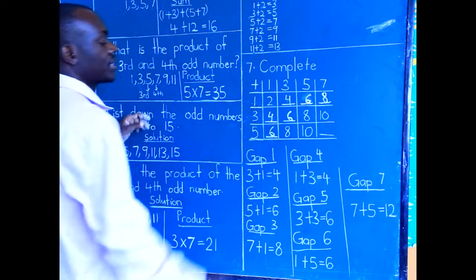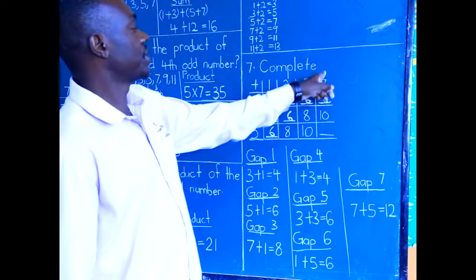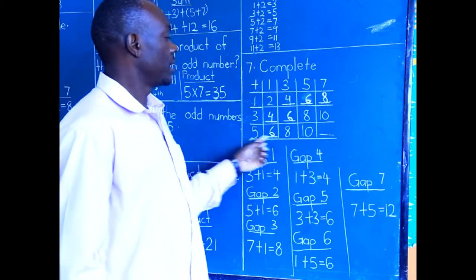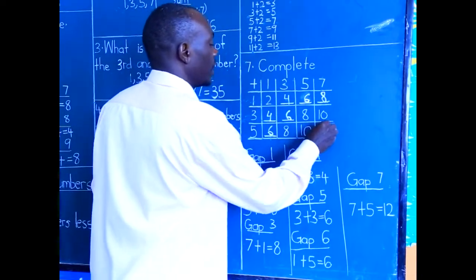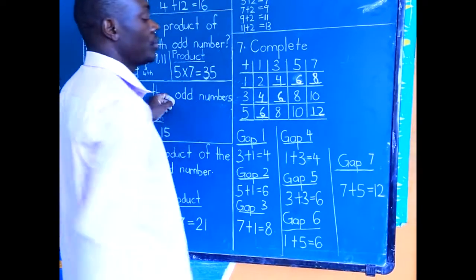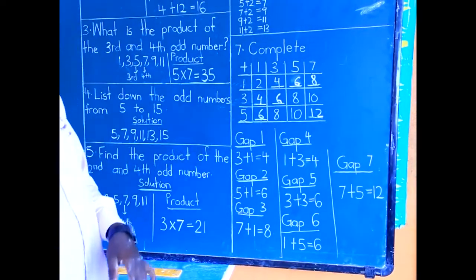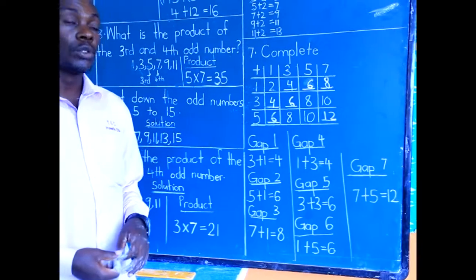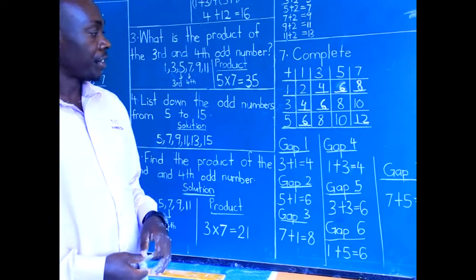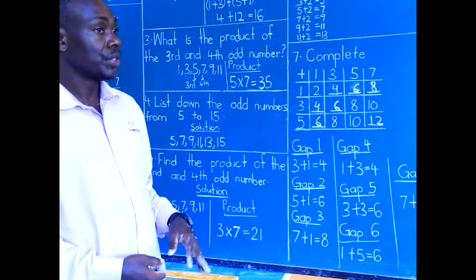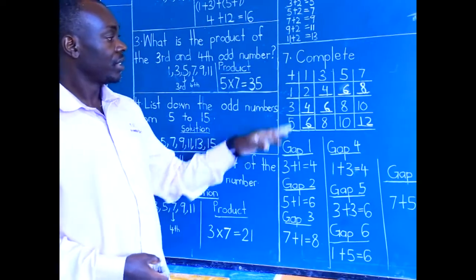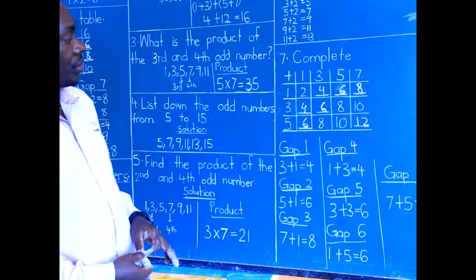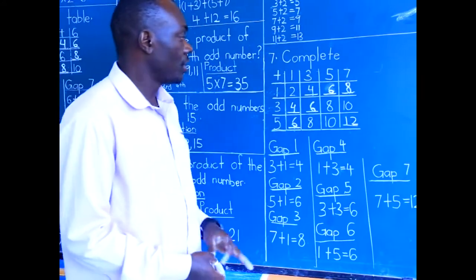And then final gap number 7 will be that 7 plus 5. 7 plus 5, you get that 12, and fill it in. In so doing, you have got 7 marks, just a mere table there. 7 good marks. Somebody will say free, but it needs one to read and understand. So it's a plus sign of addition, and then you answer accordingly.